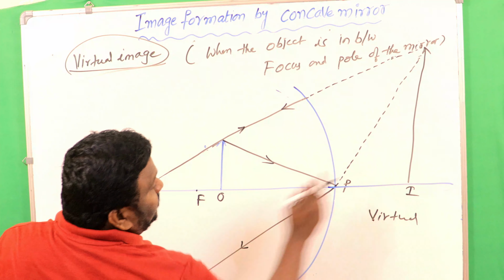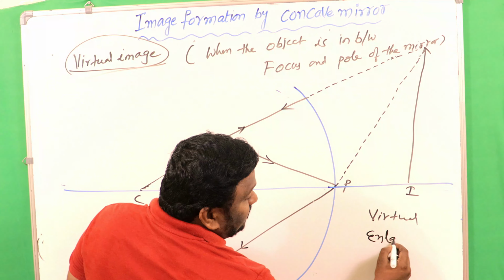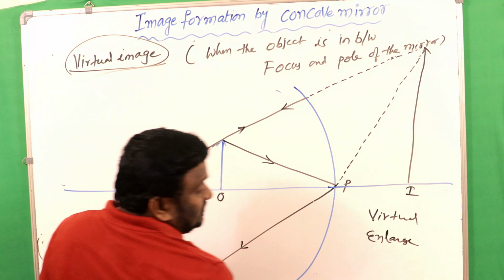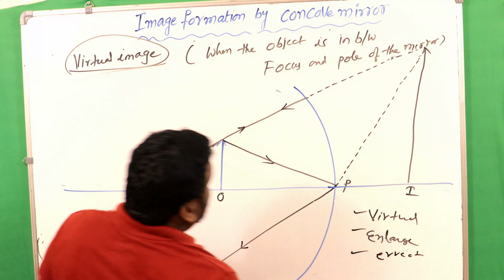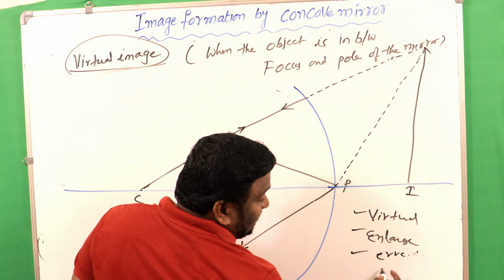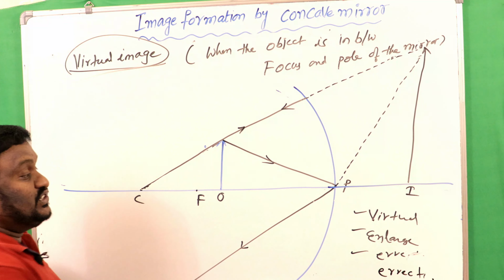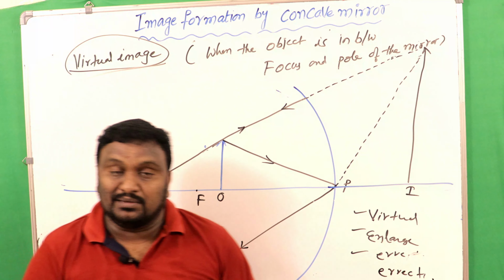So this is a virtual image and it is an enlarged image. Size of the image is more than the size of the object. And next, it is erect. How is the object? In the same manner we are getting the image, but it is enlarged. That is what we call erect. The nature of the image: virtual, enlarged and erect image.